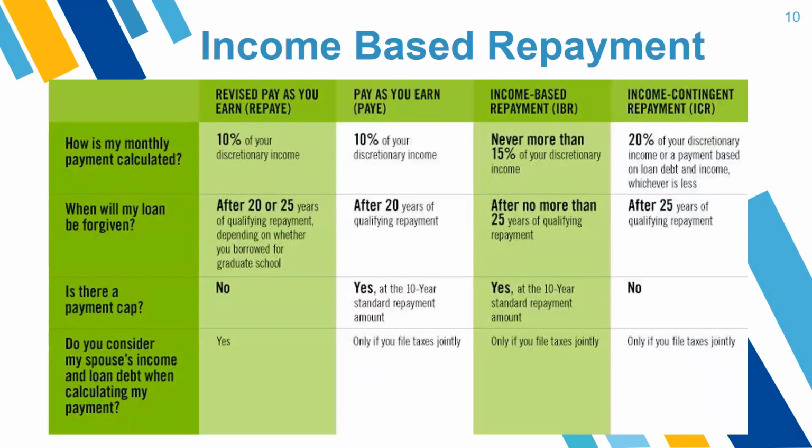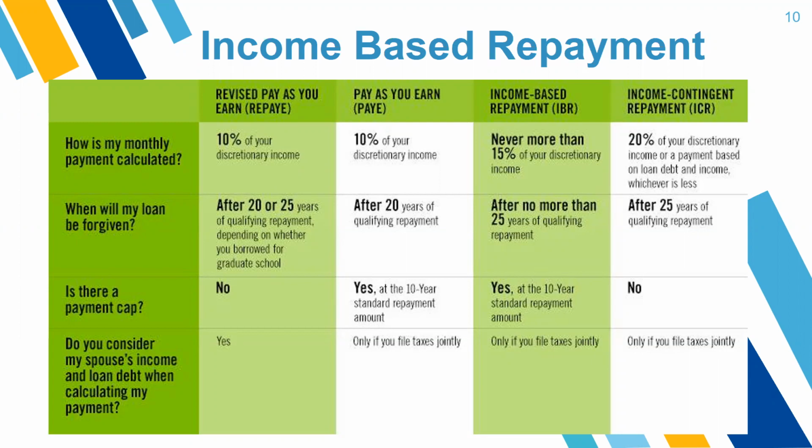This is just an example of some differences between a few plans. As you can see, there are differences in how your monthly payment is calculated. In the Revised Pay As You Earn, for example, in that first column, your monthly payment is 10% of your discretionary income, while with the Income Contingent Repayment in the last column, it's 20% of your discretionary income.